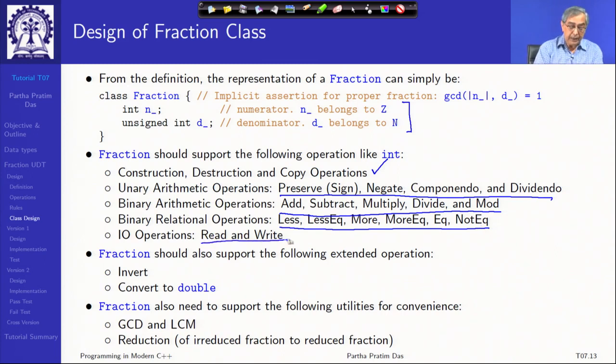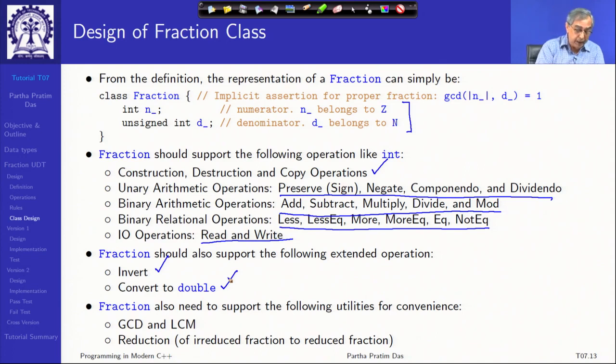Certainly, we can do read and write. We can invert a fraction, that is flip it, numerator and denominator, we can convert it to double, and so on. So, these are some of the very quickly identifiable operations of a fraction type, which have close similarity in terms of the int class, not in every case.